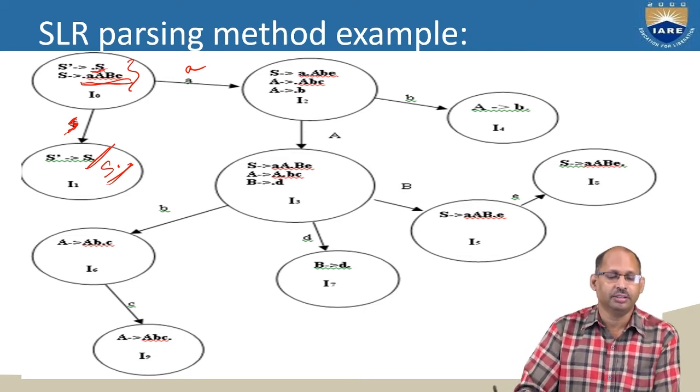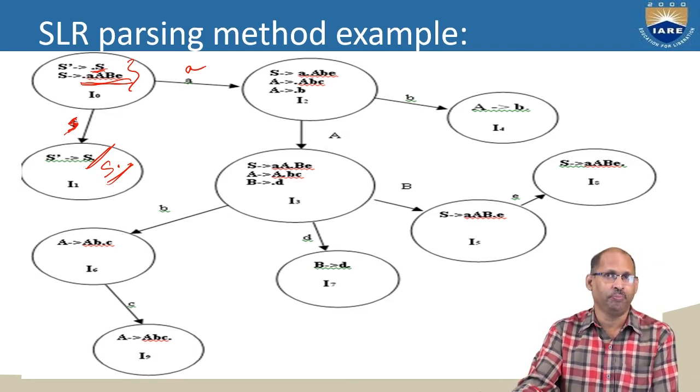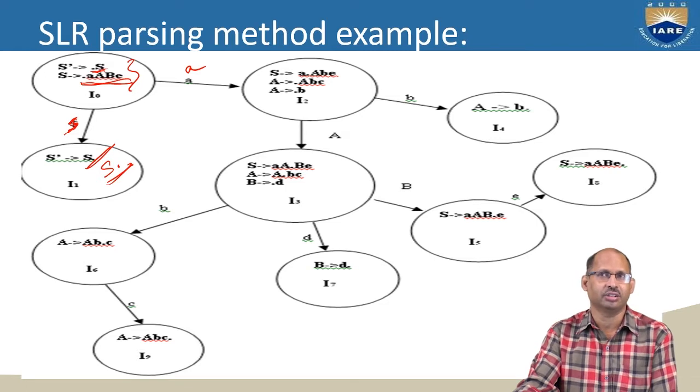Then here, this I0 closure group, on terminal a, will go to another group. I0 on small a will go to another group, I2. What happened?